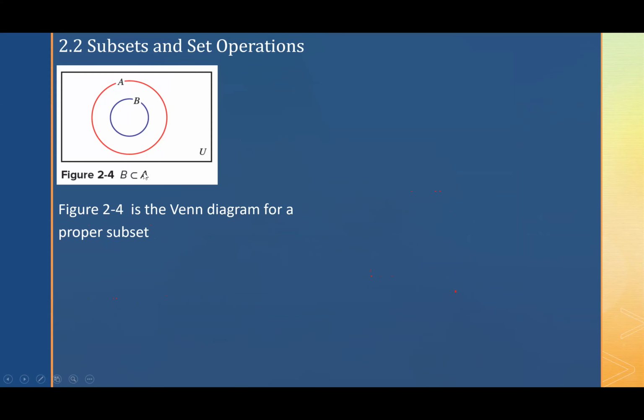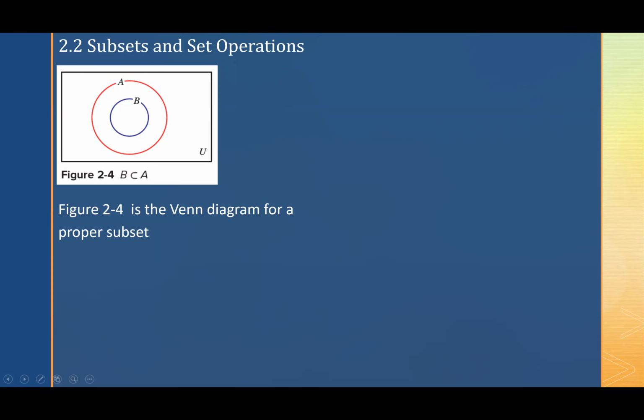Because A contains everything in B. It's just that A has more than B, and that's why it is a proper subset.